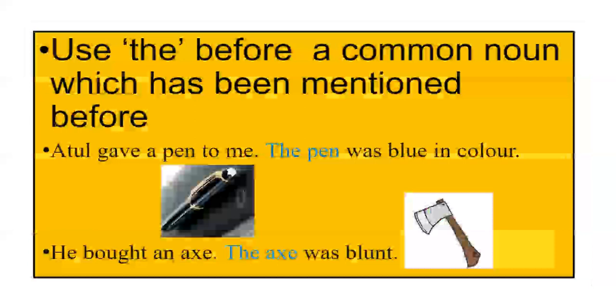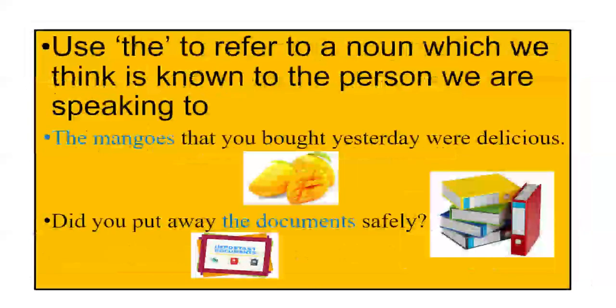You can pause the video wherever you want and go through it again and again to be thorough with the rules. We use the when we refer to a noun which we think is known to the person we are speaking to. Like I and you, we know about a particular thing and then we are talking about it. So over there we will use the only with that noun.